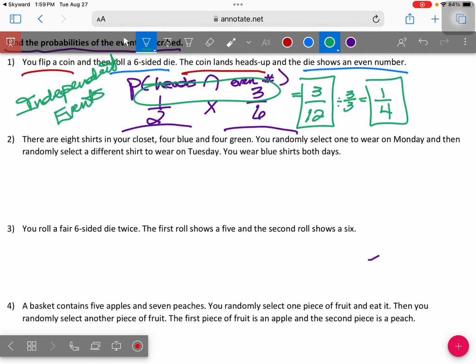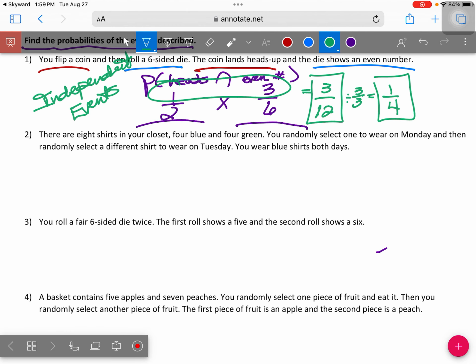All right. Number 2. There are 8 shirts in your closet. 4 are blue and 4 are green, thus the 8. You randomly select one to wear on Monday. You wear it. You randomly select a different shirt to wear on Tuesday. You end up wearing blue shirts on both days.